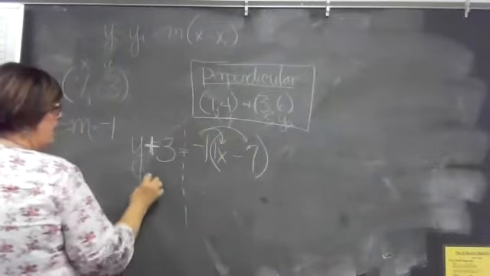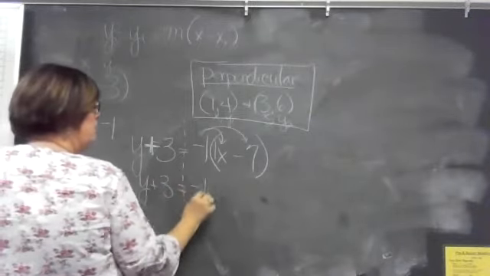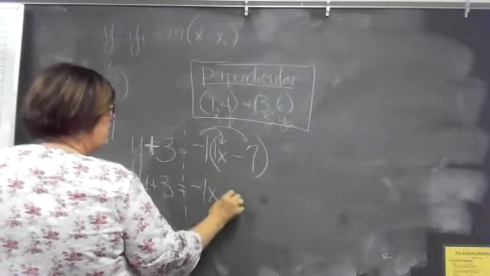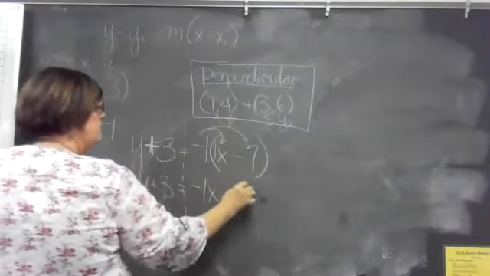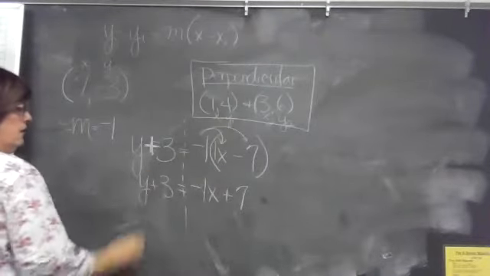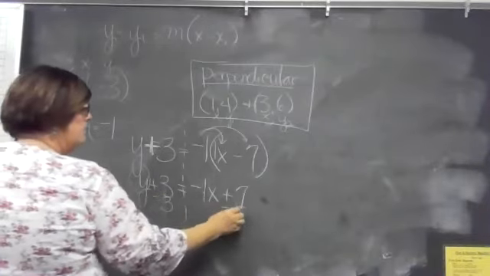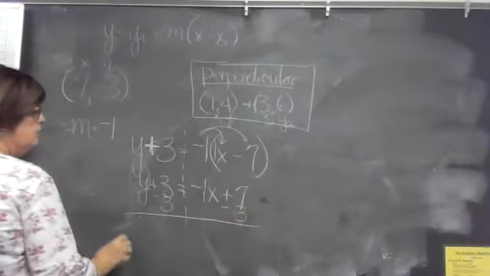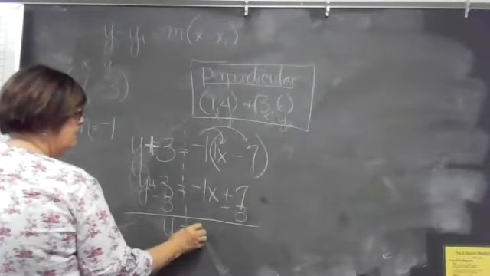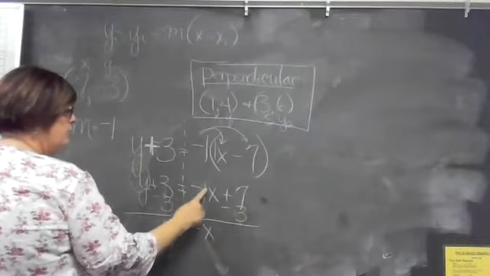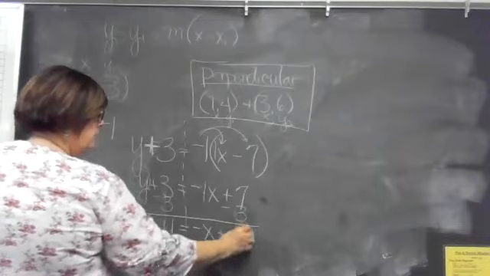So now I have y plus 3 equals -1x plus, negative times a negative is, 7. And I want the y by itself, so I'm going to subtract 3. And so the equation of this line is y equals -x. They probably won't put the 1 in the answer sheet. Plus 4.